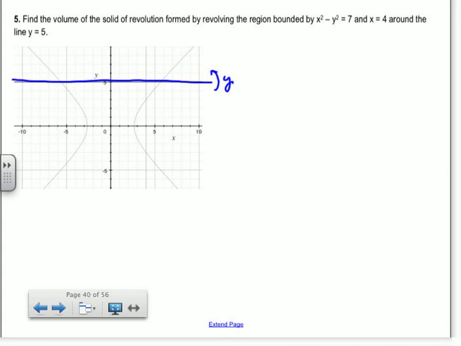X equals 4. So we end up with like this shape here. Oh wait, hang on. X equals 4 is this one. Yeah, so right here. Yeah, so that little piece there.